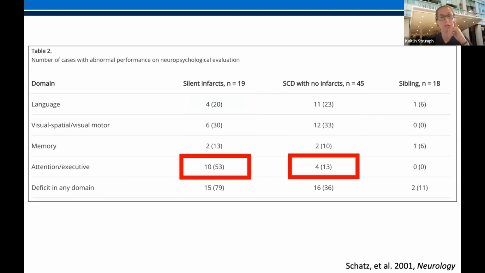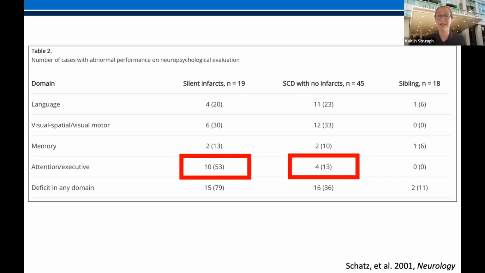Same thing with memory. However, once you get to attention and executive functioning, which I talked about a little bit earlier, this is where we really see the big discrepancy. 53% of children with sickle cell that had a silent infarct had attention or executive functioning deficits, compared to only 13% of children with sickle cell and no infarcts.